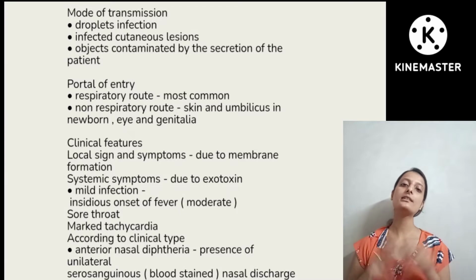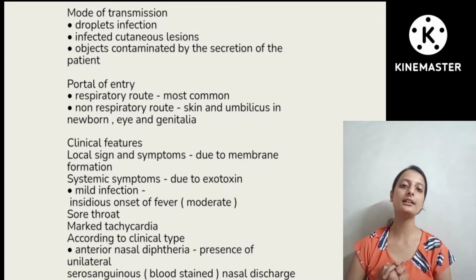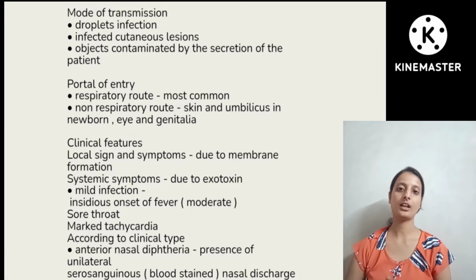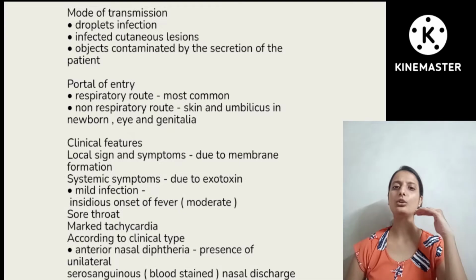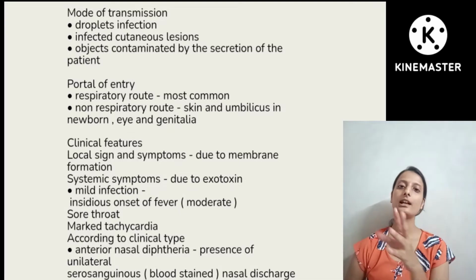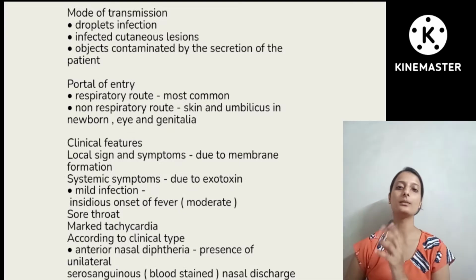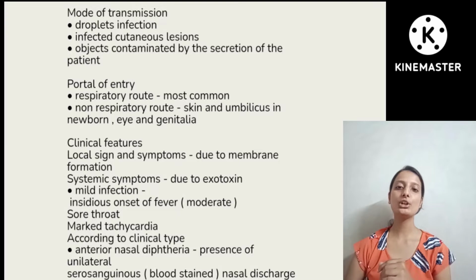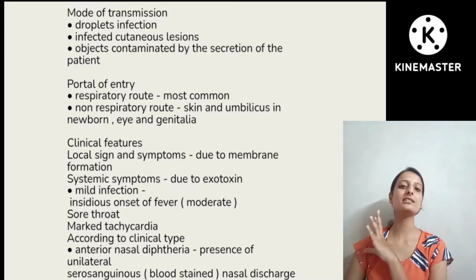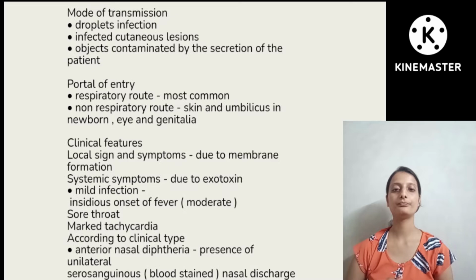Now see what the signs and symptoms are, that is, the clinical features. The clinical features are of two types: local signs and systemic symptoms. Local signs are seen due to the formation of the pseudomembrane, and due to exotoxin, systemic symptoms are produced.